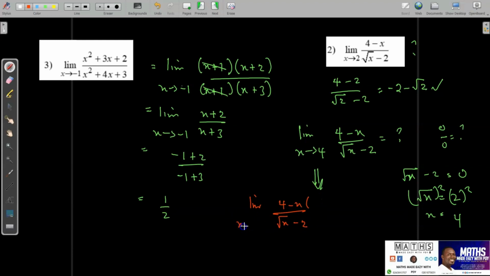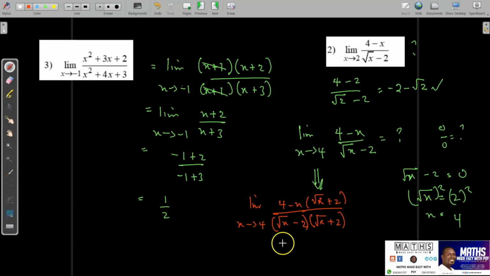Remember, x approaches 4. So this one will give us root of x plus 2, and then the denominator will also be root of x plus 2.